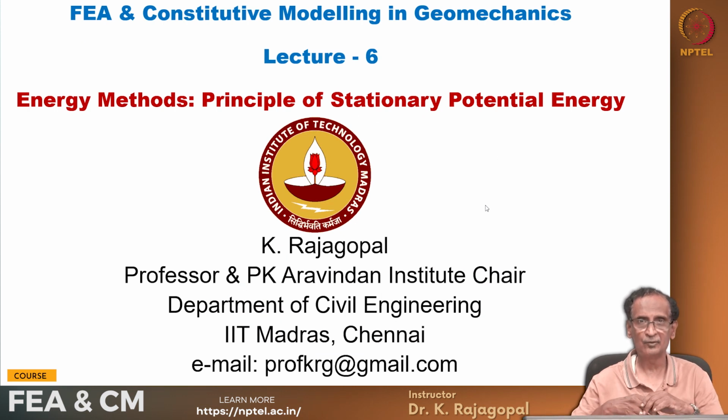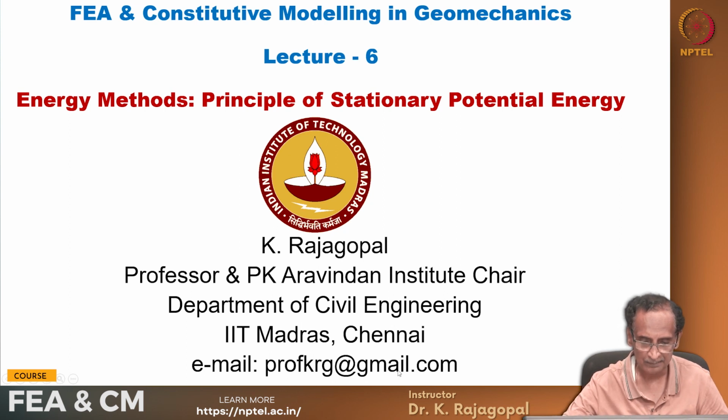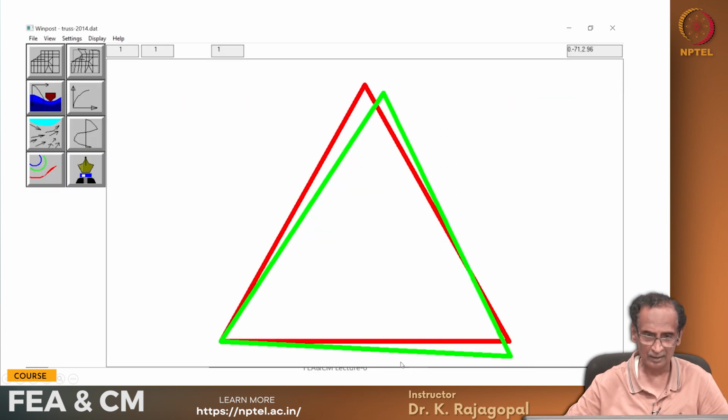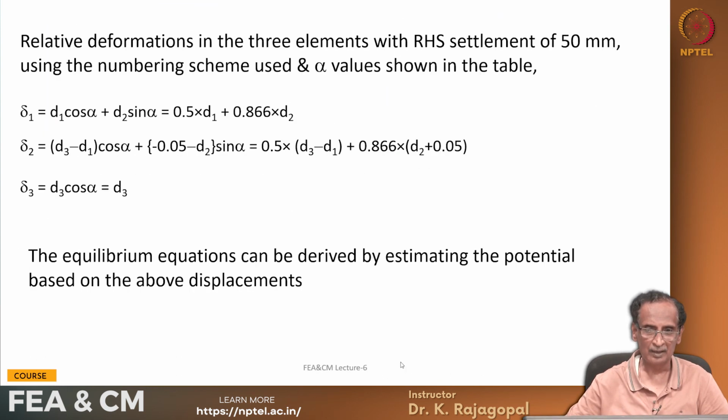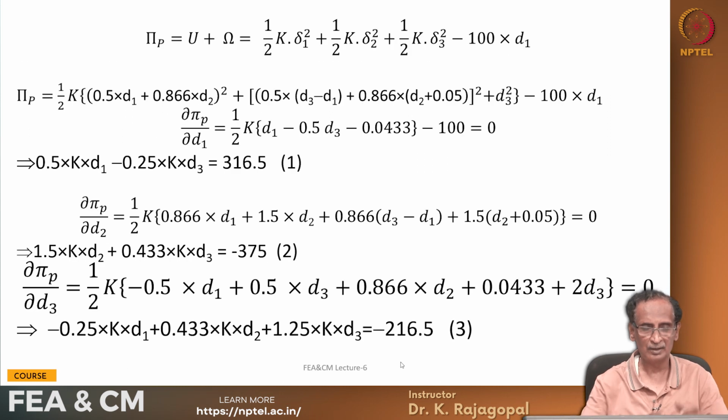So I think that's the end of this lecture, and if you have any questions, please send an email to profkrg@gmail.com. And what I suggest is, please take a pen and paper and go through this entire differentiation, because it's a bit messy, and when you see it on the screen it might seem bewildering, it might seem complicated, but it's so simple, because it's simple differentiation with respect to different quantities d1, d2, d3.